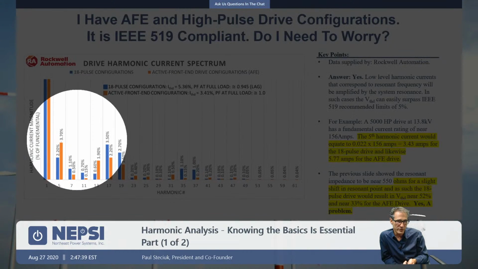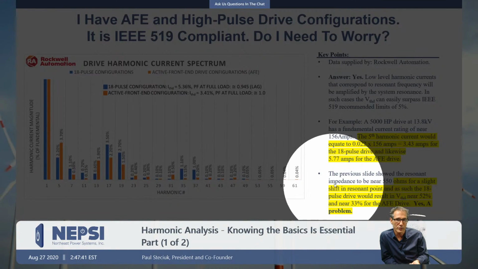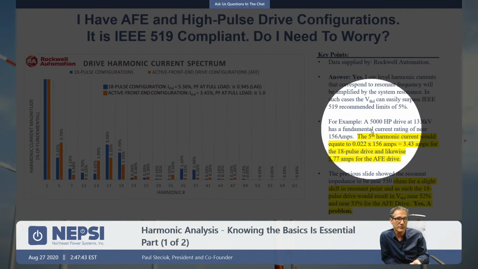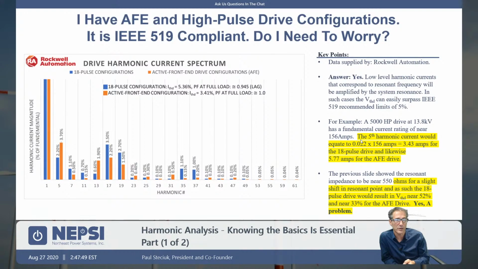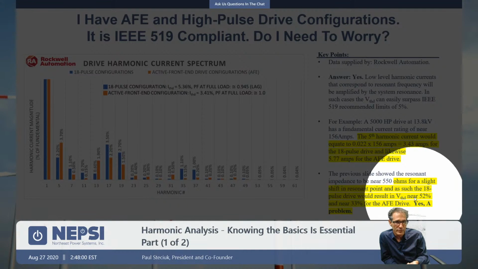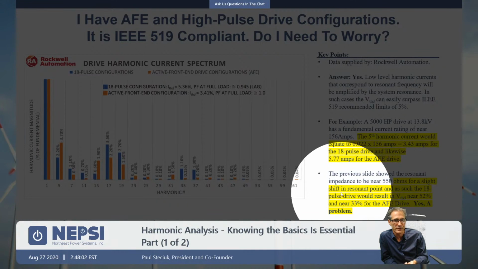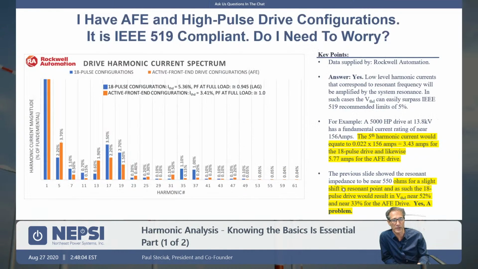For this particular system, if we were to install a 5,000 horsepower drive with an active front end on it, I calculate here that it will put out 3.43 amps at the 5th harmonic, and that 18-pulse drive will produce 5.77 amps at the 5th. The resulting voltage distortion will be near 52%, and near 33% for an active front-end drive. So both unacceptable.